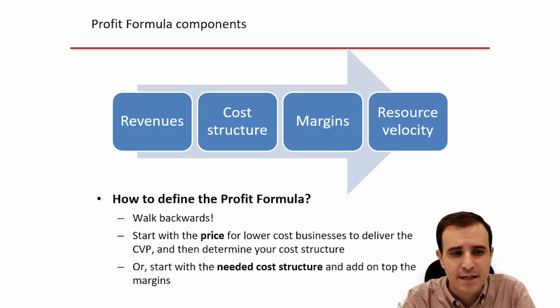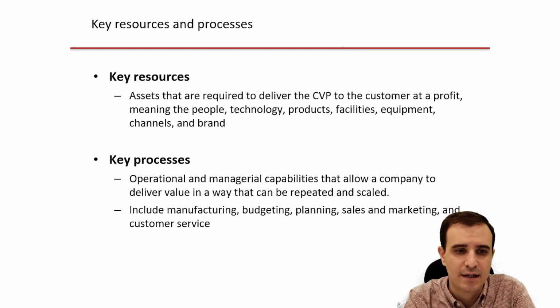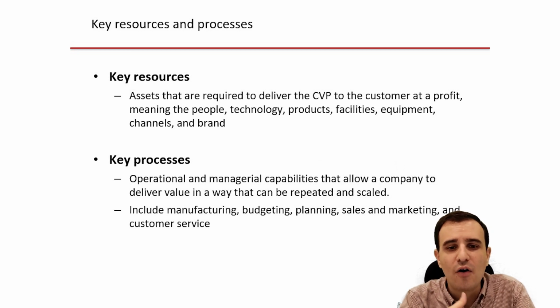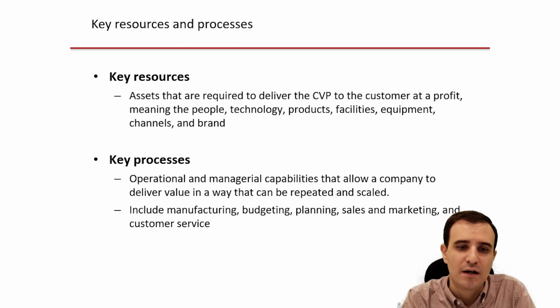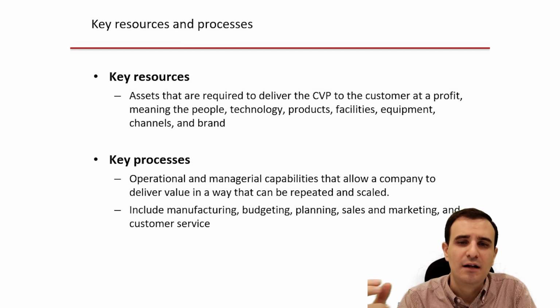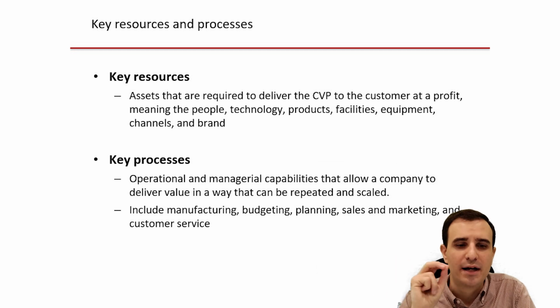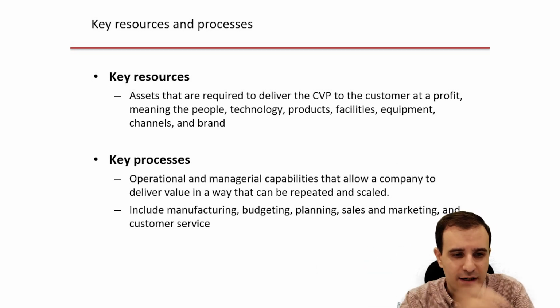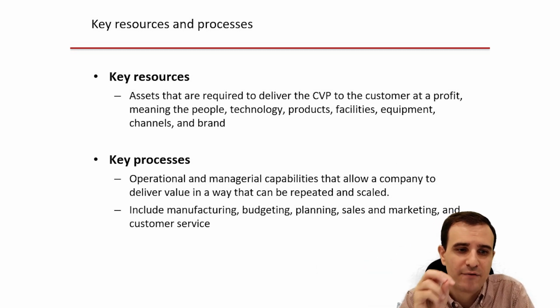The third element, the third principle is key resources and key processes. So key resources are all the assets that you need to deliver your CVP, your customer value proposition. So it could be the people, could be the technology, could be facilities, the equipment, distribution channels, branding, and so on. And then the other element is the processes.